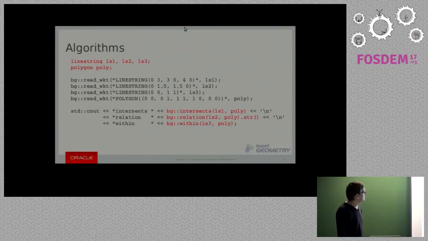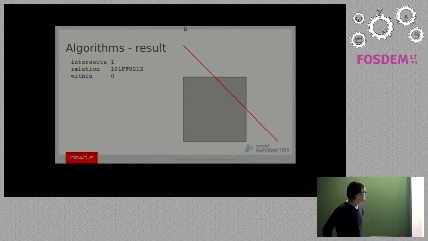Actually, what the result shows is the result of these relational operations of the first line string and polygon, or the third line string, which looks like this. So the line string intersects a polygon, and you can see the DE9 intersection matrix representation in the second case.